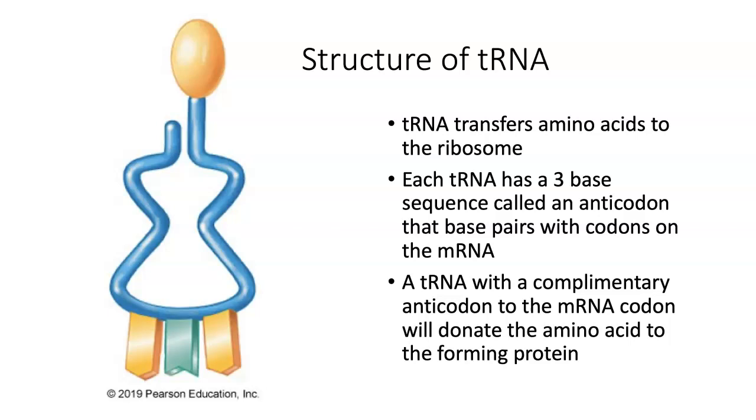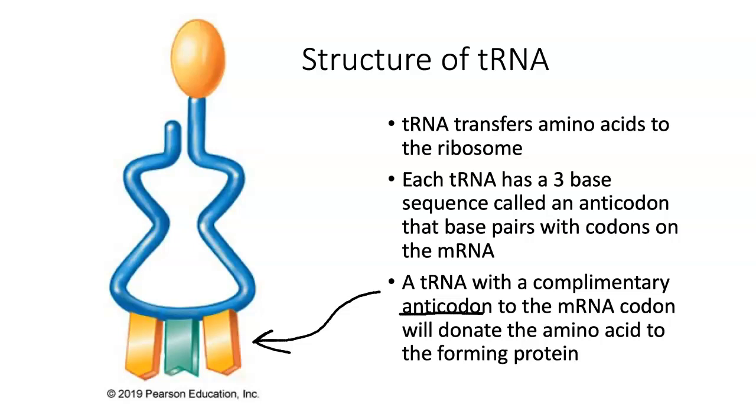the correct amino acid. So each transfer RNA molecule is just a strand of single-stranded RNA that takes on this kind of cloverleaf configuration. It has a 3-base sequence called an anticodon, and that's what's going to try to base pair with the codon. So you can imagine this is kind of like putting a puzzle together.